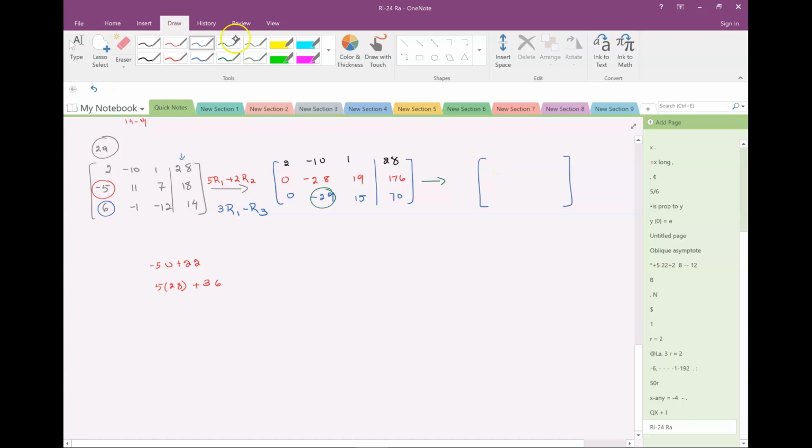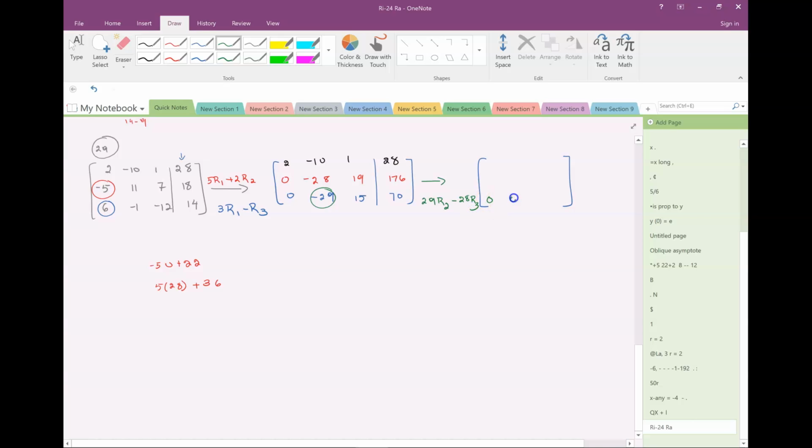Right. So I'm going to multiply 29 row 2 minus 28 row 3. Does that work? Yeah.